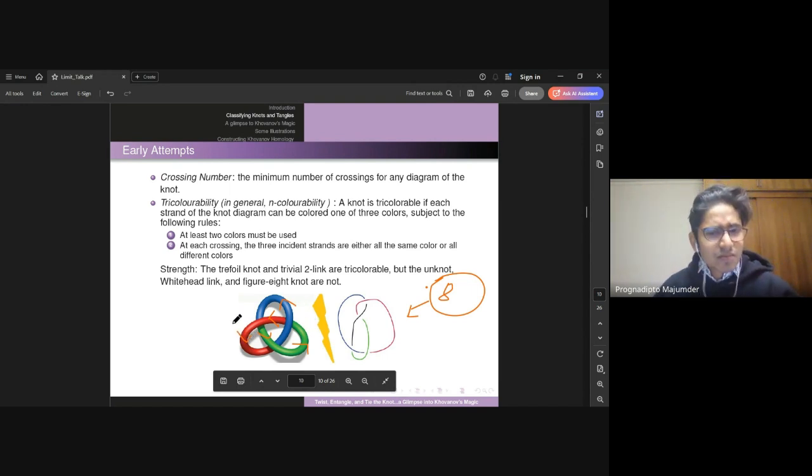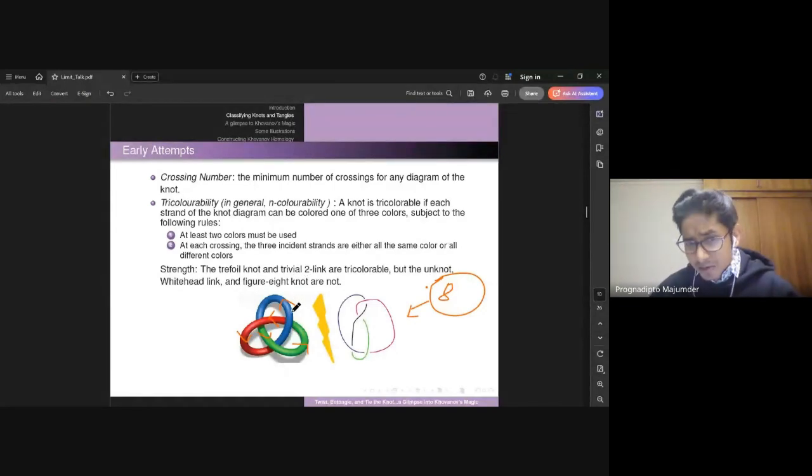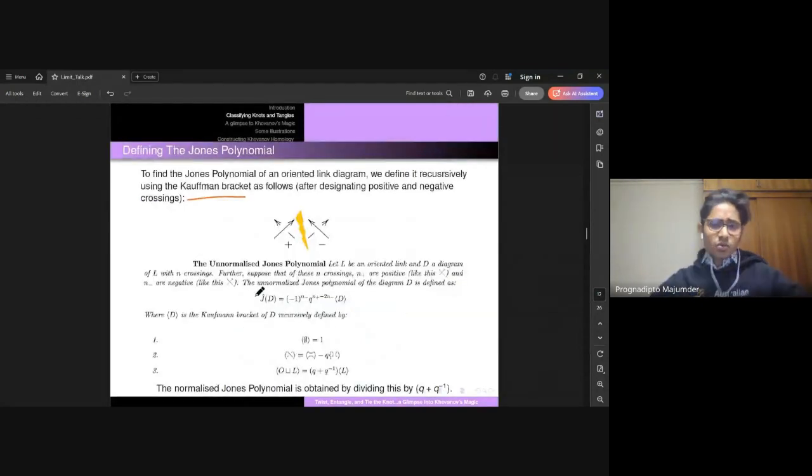Okay, so this is how I orient this. And at each crossing, you have information about which one is above and which one is below. Fine. So we call this kind of crossing positive and this kind negative. You have to look at the picture because I can't say this in words. When you have a link diagram, n minus is the number of negative crossings and n plus is the number of positive crossings.